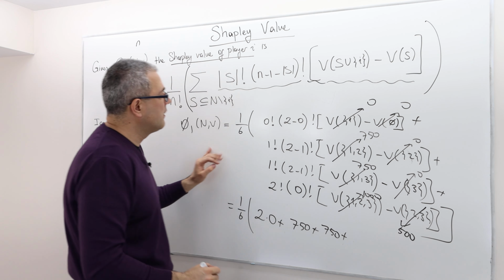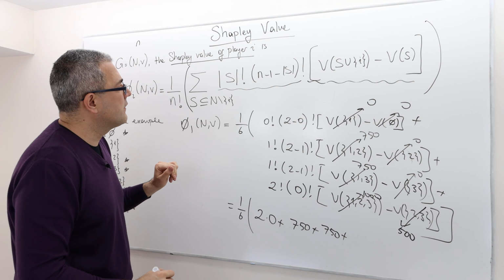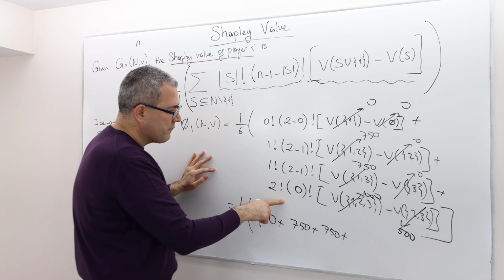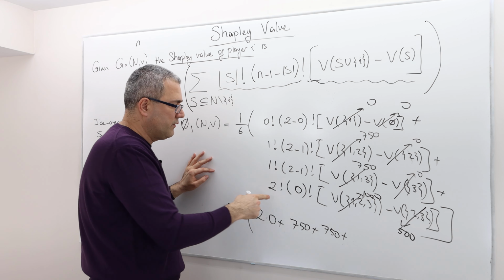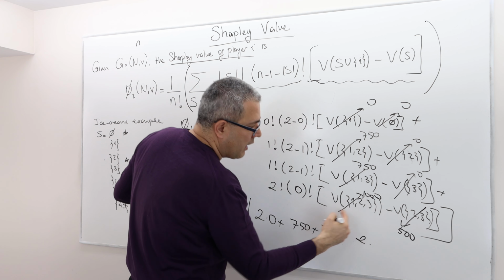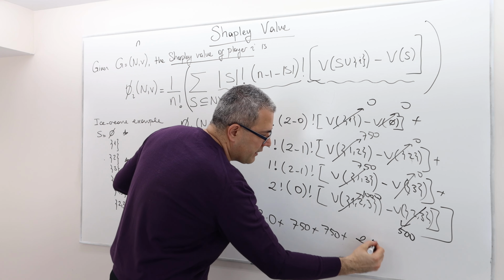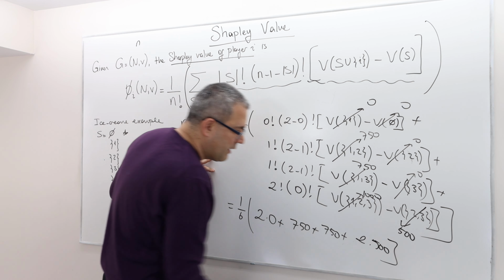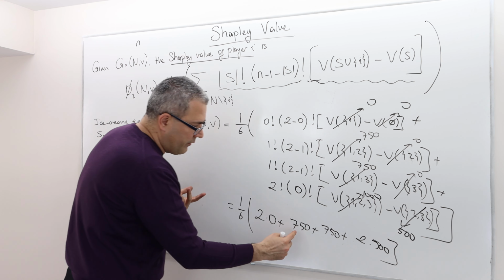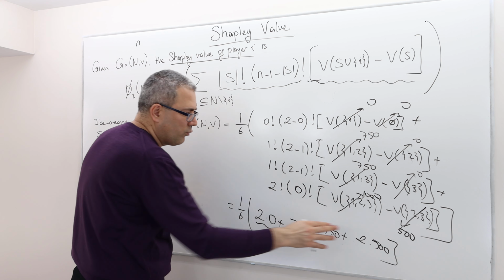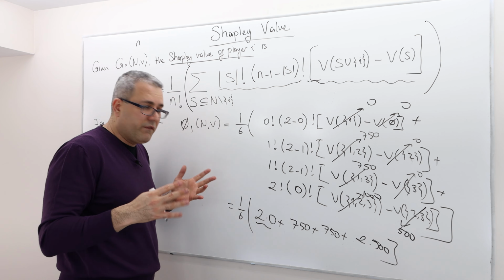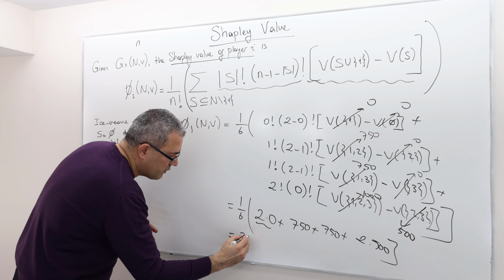Good. Plus, anything else? Let's see. 2 factorial is 2, 0 factorial is 1, so it's 2 times, what is this? 1,000 minus 500 is 500. Okay, so that's it. So what is that equal to? This is 0, 750, 750, 1,500, 1,000, 2,500 divided by 6.